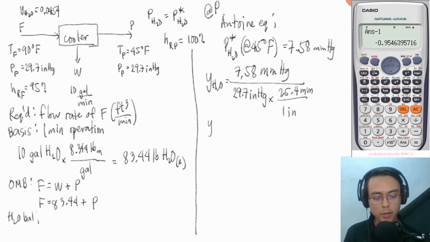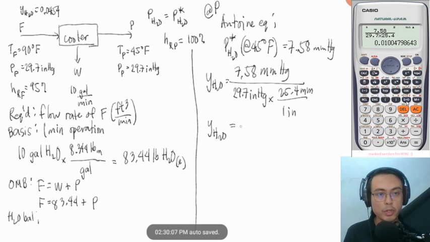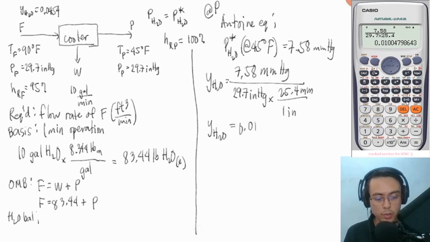We have a mole fraction of 7.58 over 29.7 times 25.4. That is 0.0100. Okay.